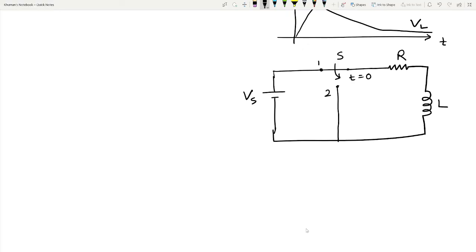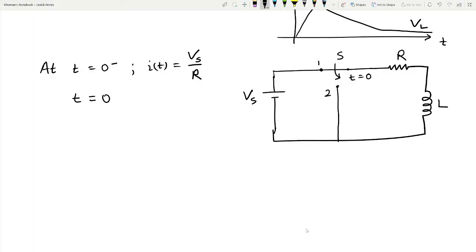From here what we can see is that at t equal to 0 minus the current will be equal to Vs by R. Then when we switch at t equal to 0, because of the inductor property, there won't be any sudden change in the current.